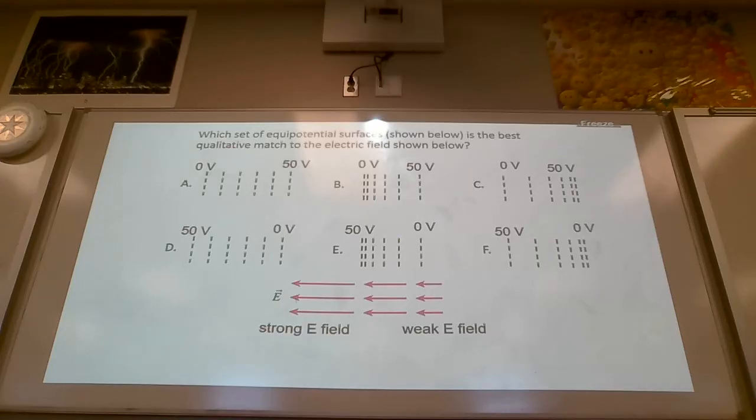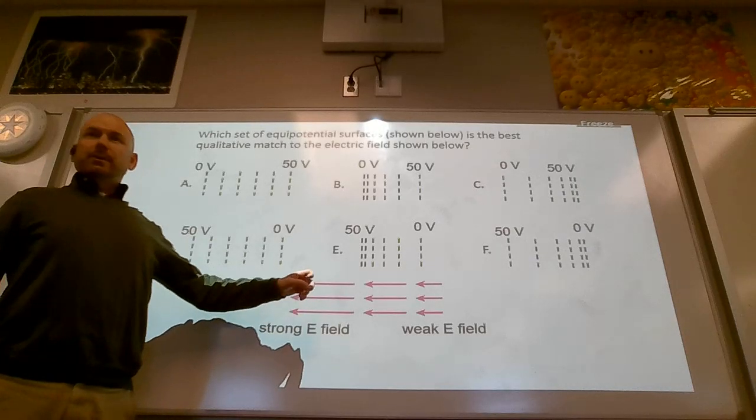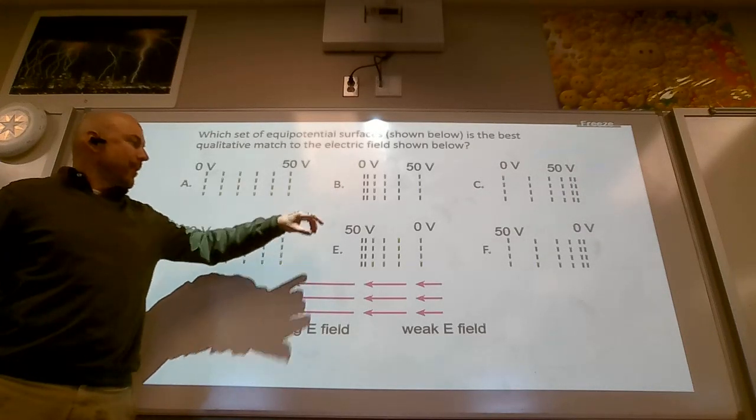Okay, correct answer is beautiful butterflies. I agree. Okay, electric fields always point downhill to a lower electric potential.